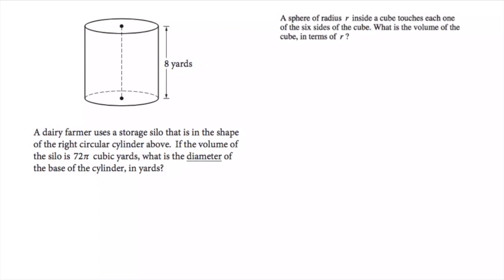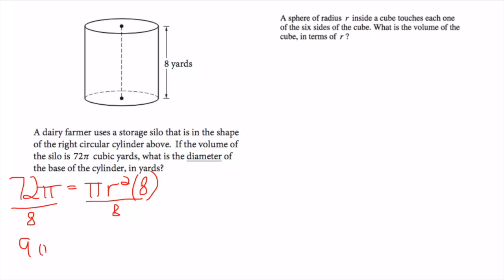So first, plug in what I know. I know 72 pi is the volume, and I know that it equals pi r squared times h, and they give me h. So my first move, I will just divide both sides by 8.